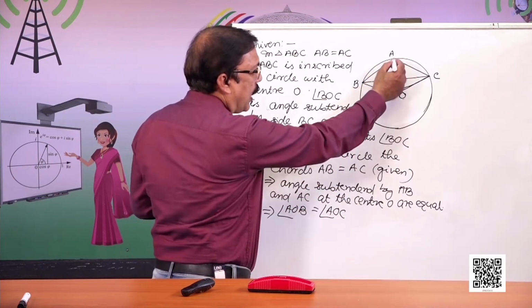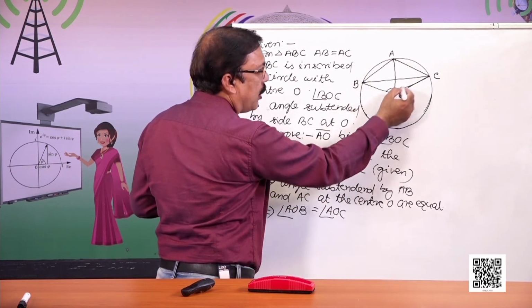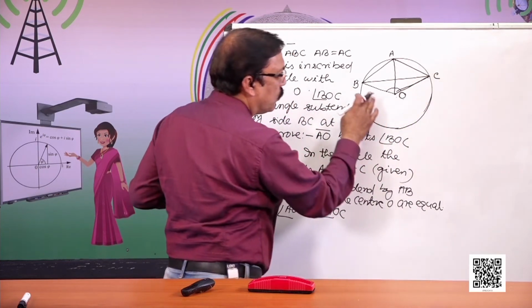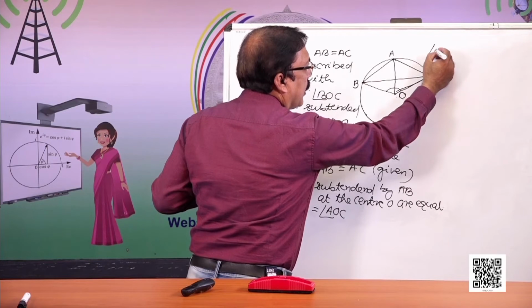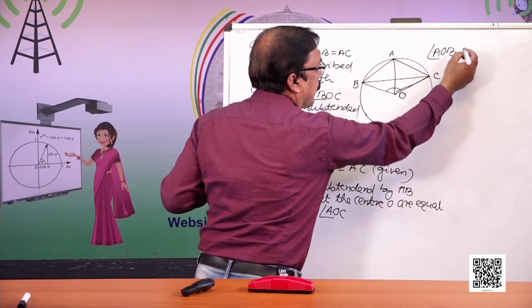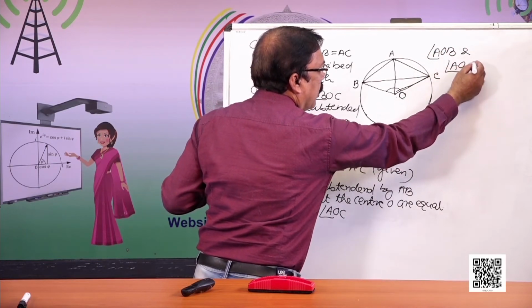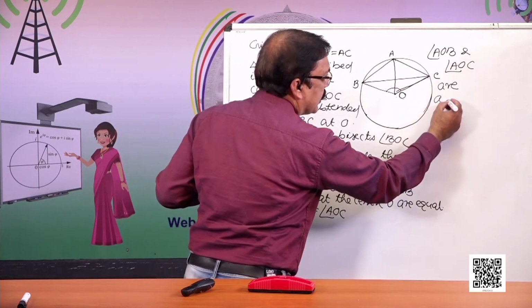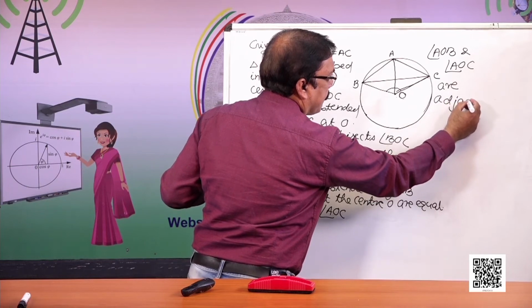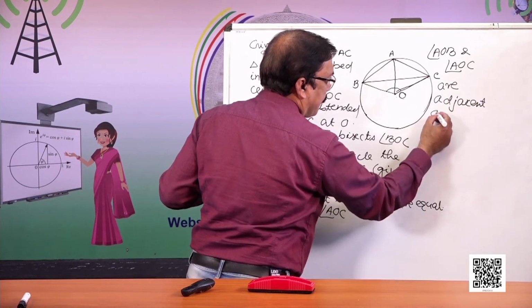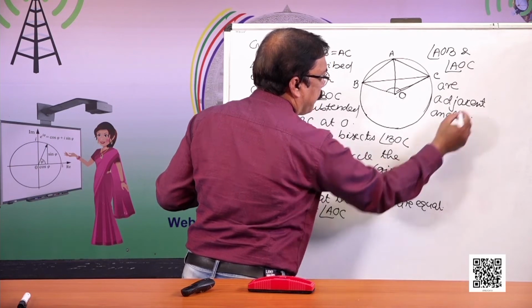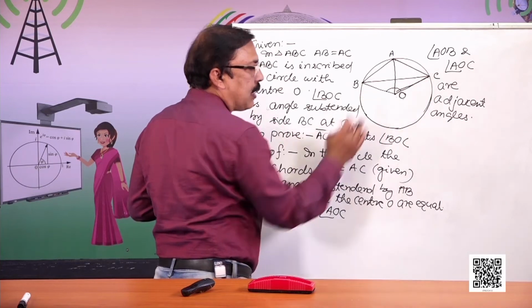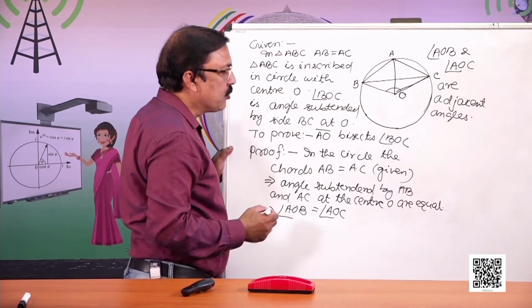Now see, these two angles, angle AOB and angle AOC, are adjacent angles. That means these two constitute another angle, that is BOC.